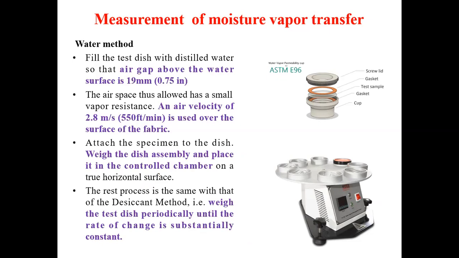That means we have to weigh the test specimen periodically until the rate of change is substantially constant. That means the moment you see there is no further change, then you can say that your experiment is over, and now you can check the change in rate.